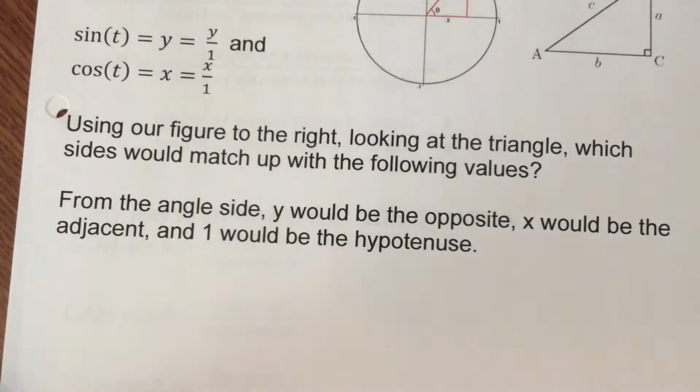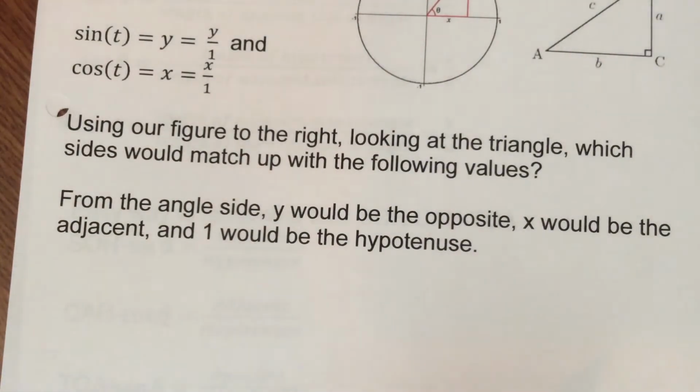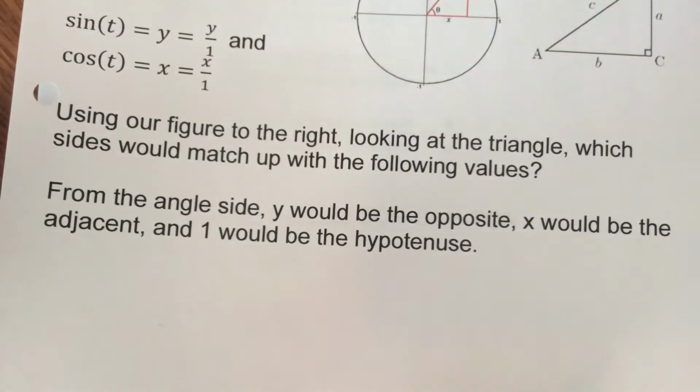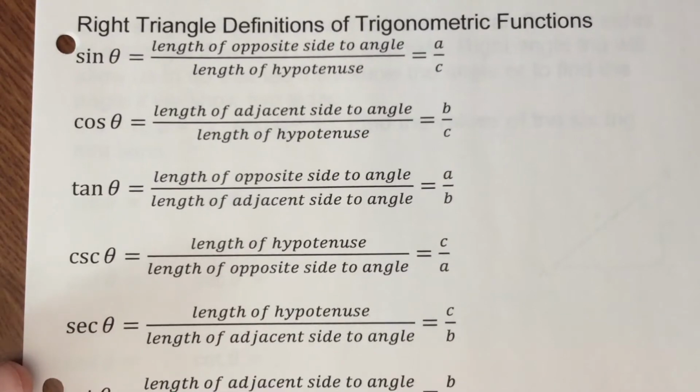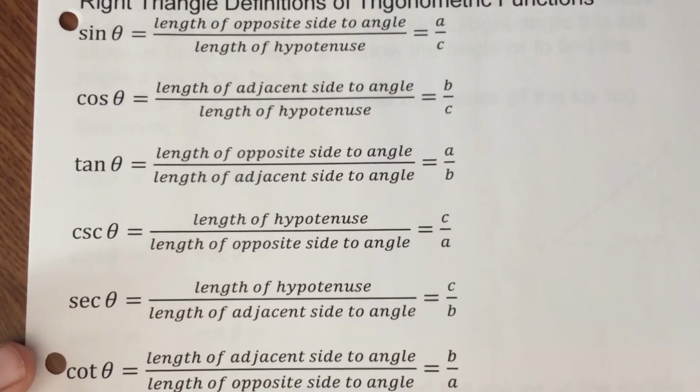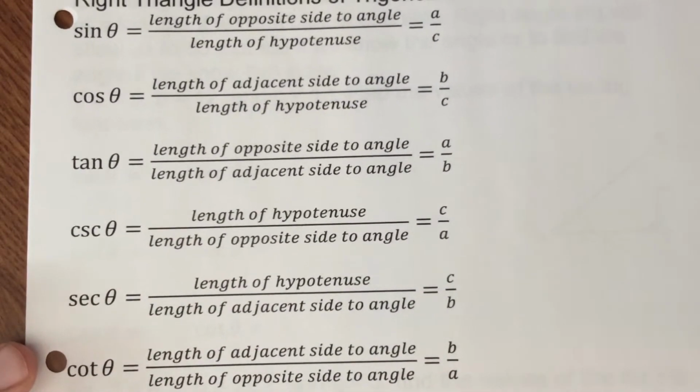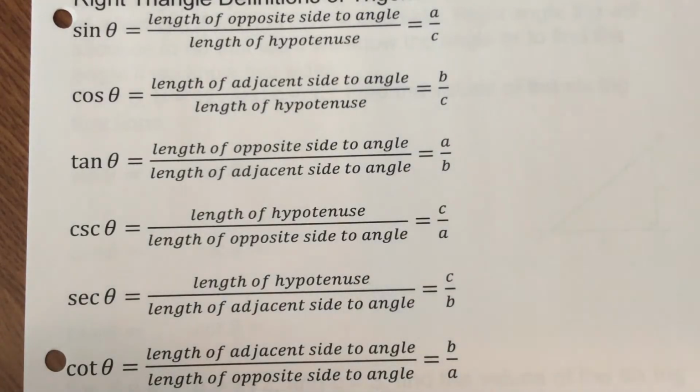So let me jump into this other stuff. It's kind of what I explained already, we're just using that figure to match up those values. And these are what they are. Here we go. So sine is still that opposite over hypotenuse.